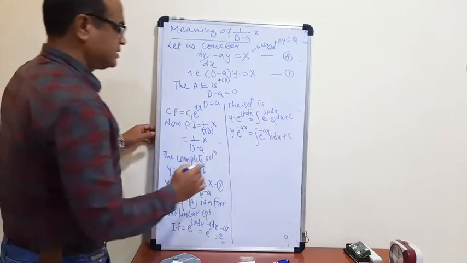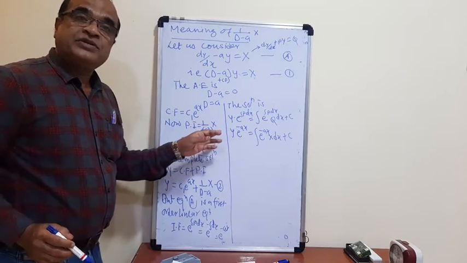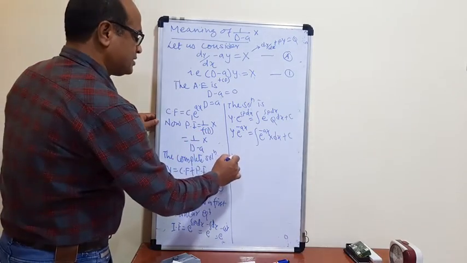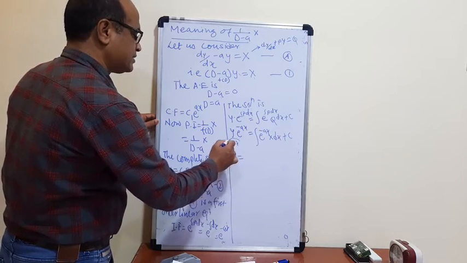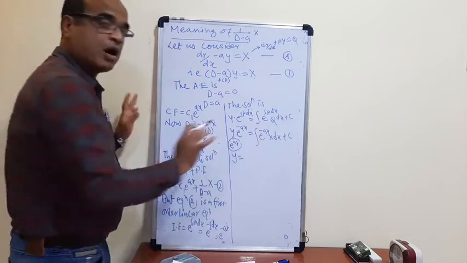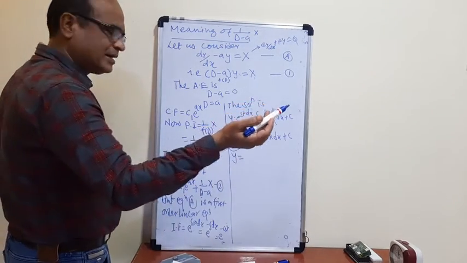Then we multiply this equation throughout by e raised to ax. So y is equal to e raised to ax multiplied to this equation throughout. Then e raised to ax and e raised to minus ax get cancelled.